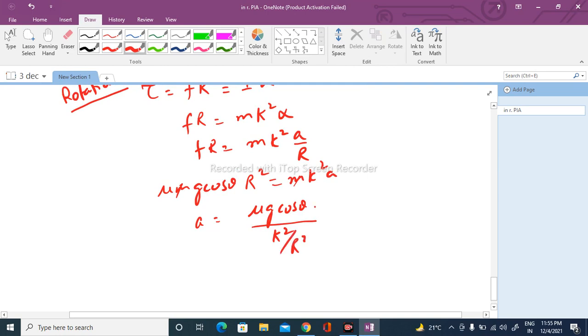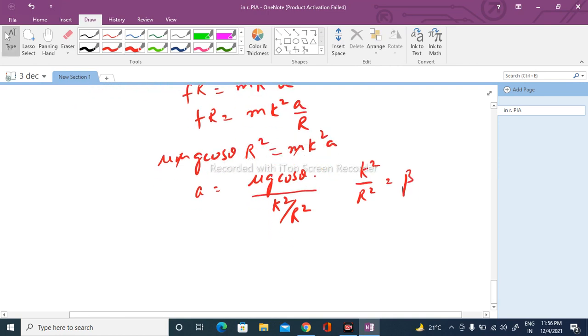Let us say k square by r square is equal to beta. Different objects will have different k values. So this is what we are getting finally: a is equal to mu g cos theta divided by beta.